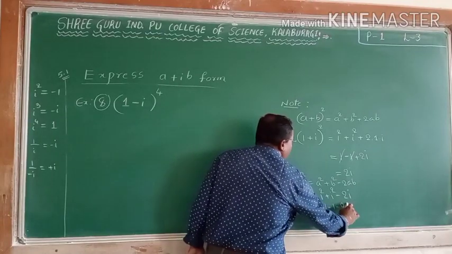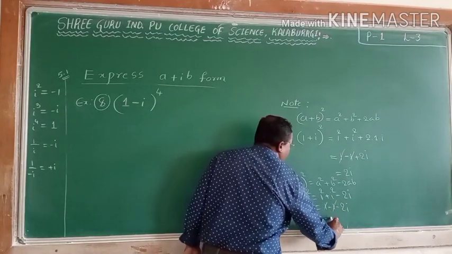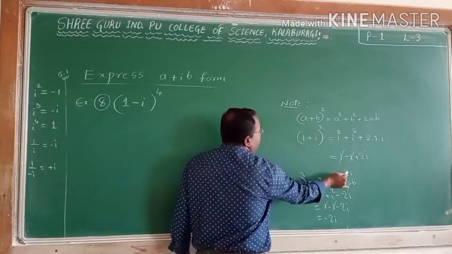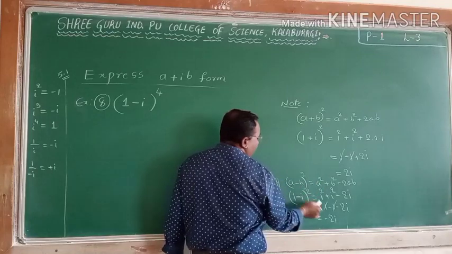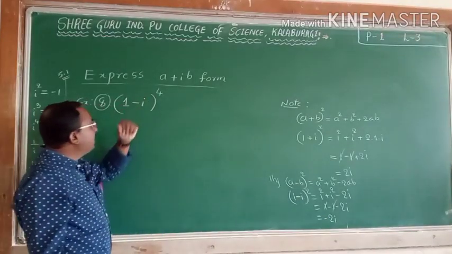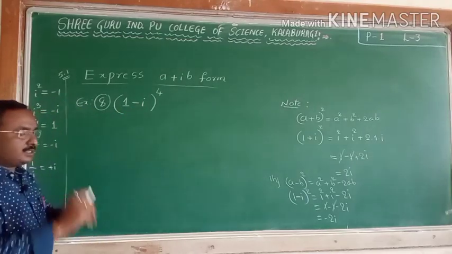Plus 1 minus 1 get cancelled, value is minus 2i. 1 plus i whole square value is 2i. 1 minus i whole square value is minus 2i.